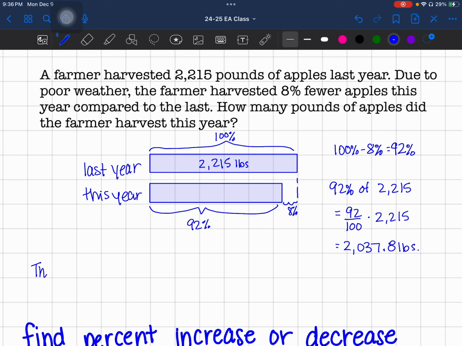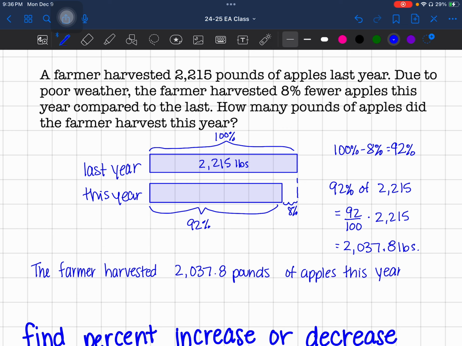So the farmer harvested 2,037.8 pounds of apples this year. Okay, and so that's how you find a quantity given a percent increase or decrease.